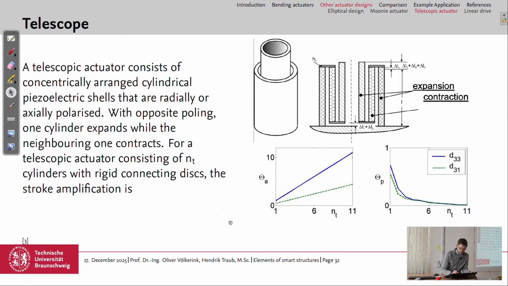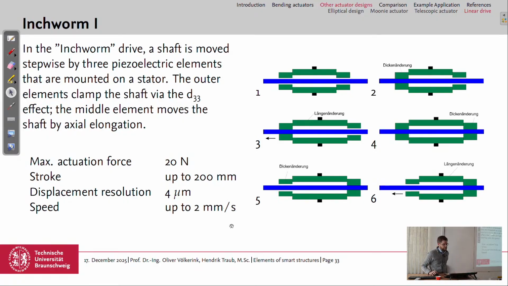Then another concept would be the inchworm, which is a linear drive made from piezo actuators. We may go through it. So in the first place, this rod here in the middle is not clamped at all. In the second phase, we have three areas, so two clamps, which will actuate in this direction, and then in the middle actuators actuating in this direction.